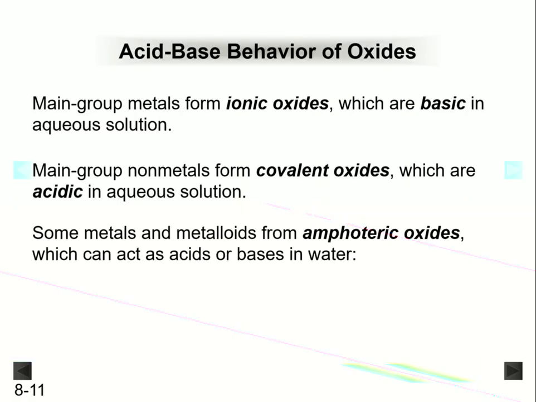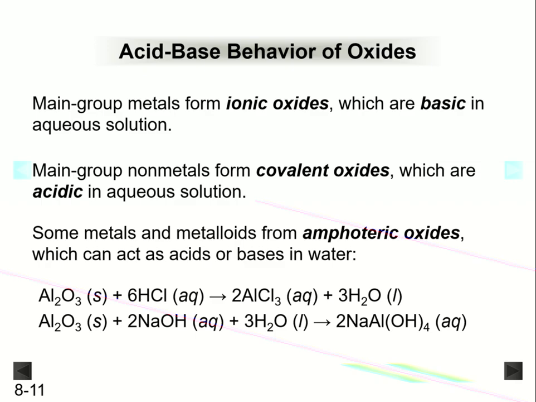We've talked about the acid-base behaviors of oxides. The main group metals form ionic oxides or basic oxides. So the main group metals would be like bismuth or lead or tin. And they are metals, and just like the other transition metals, their oxides are basic. The main group nonmetals form covalent oxides, which are acidic.